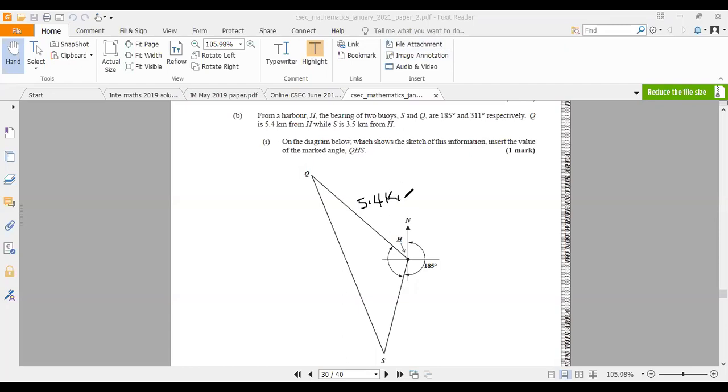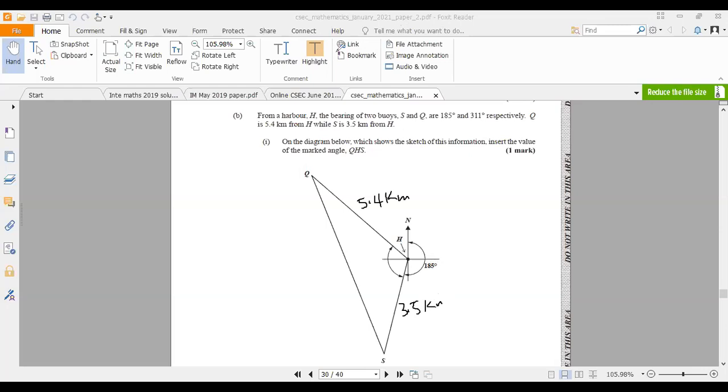What will I put here? 3.5. 3.5, yes. Okay, so they did the 185 already for us. So we have to go and do the what?